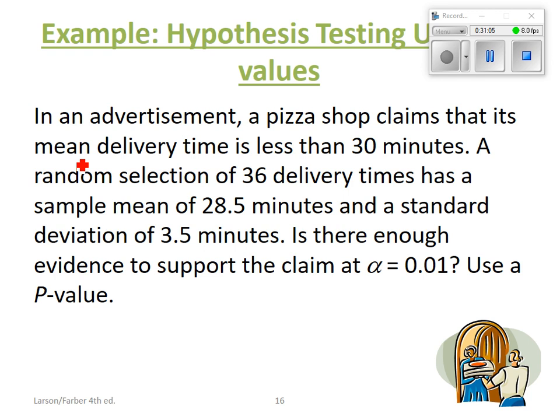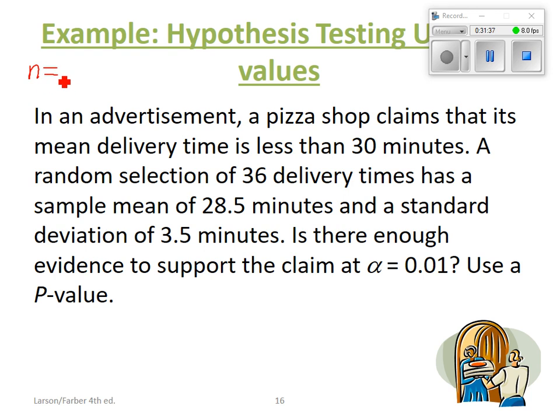All right, an example here. We got a couple examples and we'll be done. In an advertisement, a pizza shop claims that its mean delivery time is less than 30 minutes. A random selection of 36 delivery times has a sample mean of 28.5 minutes and a standard deviation of 3.5 minutes. Is there enough evidence to support the claim at a level of significance of 0.01? Use a p-value. First thing I usually do is write down all the stuff I need to know.